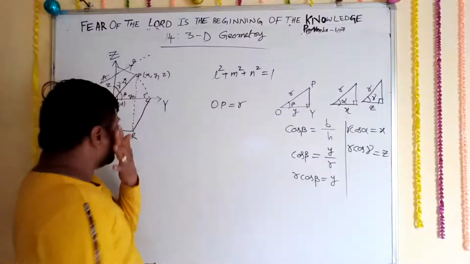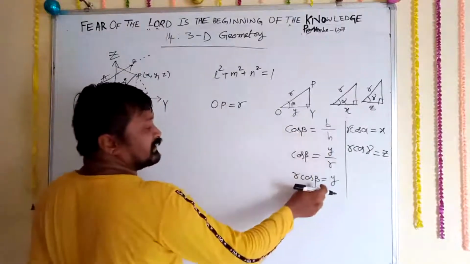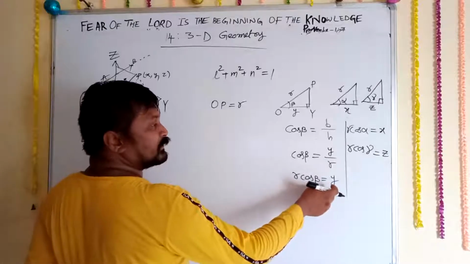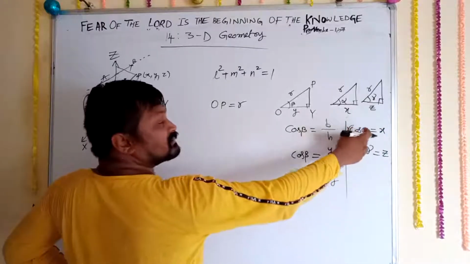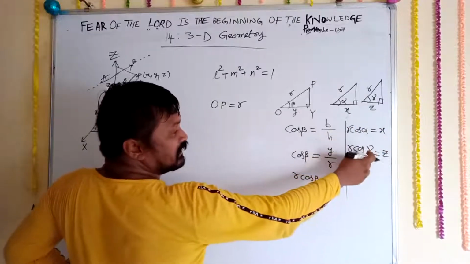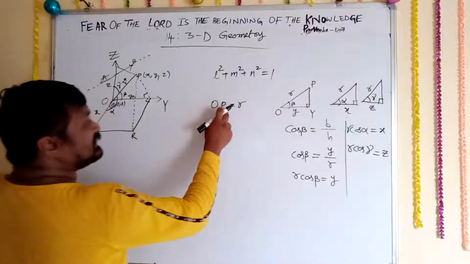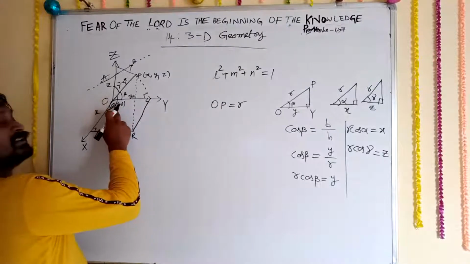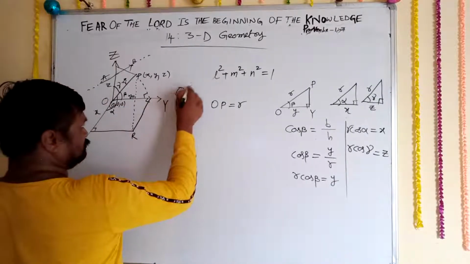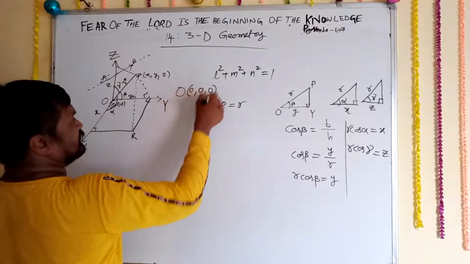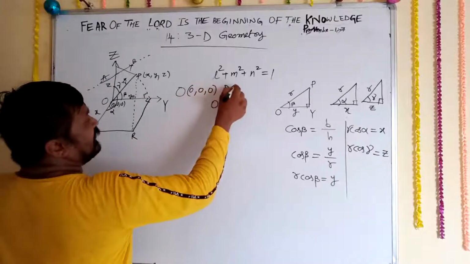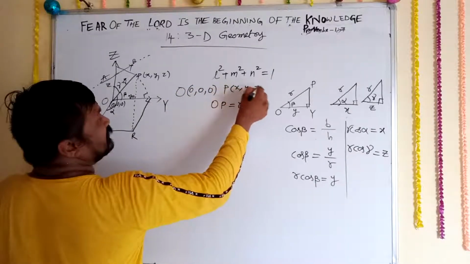So you got r cos beta is equal to y, x is equal to r cos alpha, z is equal to r cos gamma. Then OP is equal to r. Here you are finding the distance between two points: O is 0, 0, 0 and P is x, y, z.